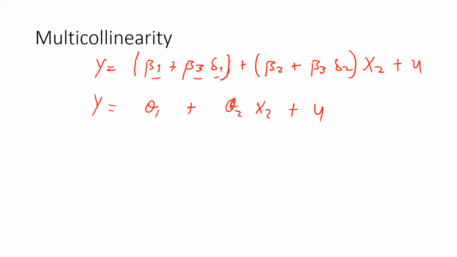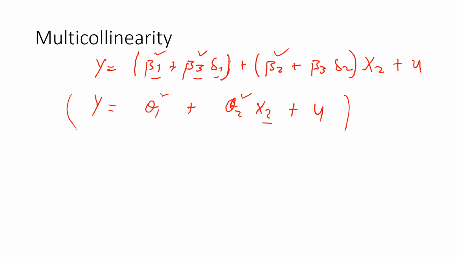So basically we can rewrite the entire equation only in terms of a single variable x2. We have eliminated x3 and rewritten this in such a form. Now we are able to estimate using the ordinary least squares method, and that will be perfectly fine. We can estimate theta 1 and theta 2, but we cannot estimate the values of beta 1, beta 2 and beta 3. We cannot estimate them.